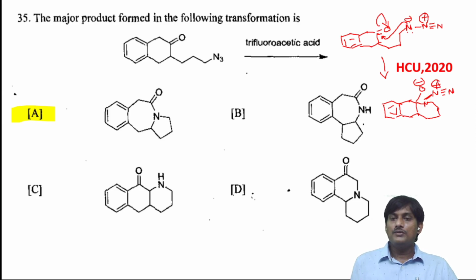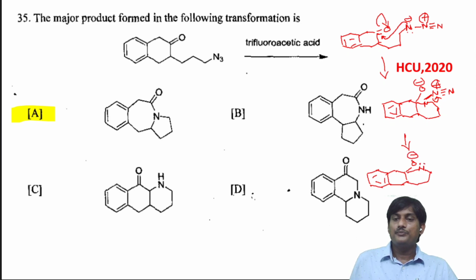Here, when these electrons move, there is a removal of nitrogen, and you will get a nitrogen intermediate. Nitrogen here, carbon, carbon, carbon, and this one is carbon. This is the intermediate we will get.